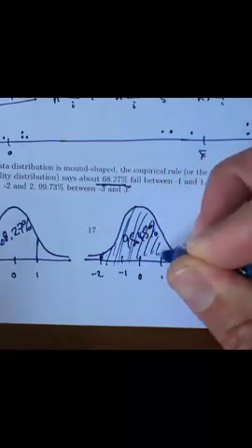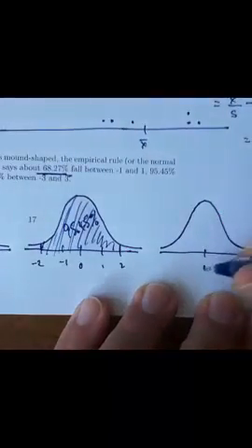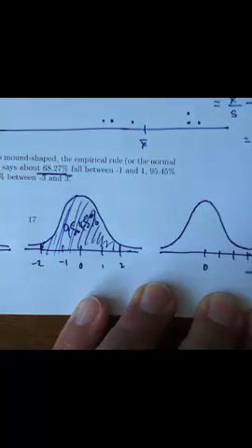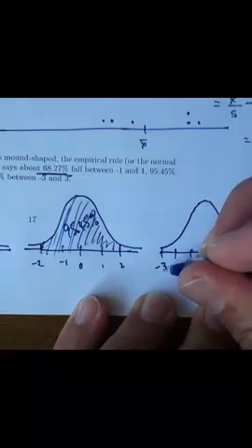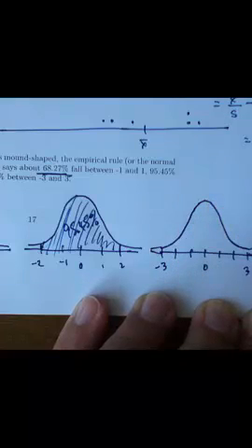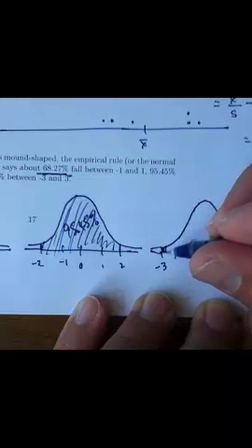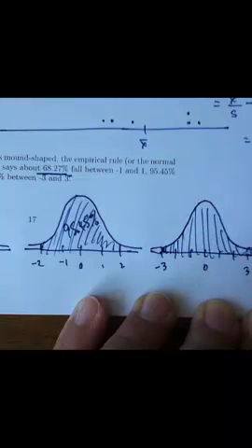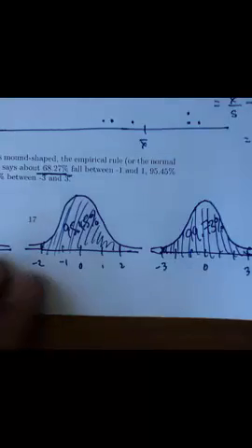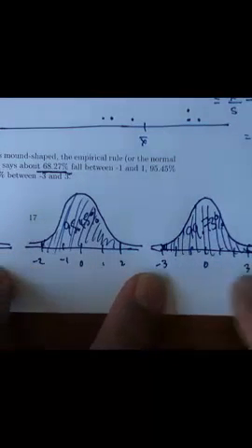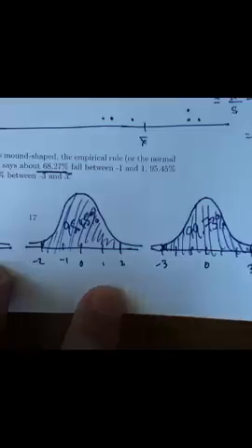Maybe I'll shade that a little bit. And then finally, about 99.73% fall within 3 standard deviations of the mean, or after you standardize it, between -3 and 3. That's the empirical rule.